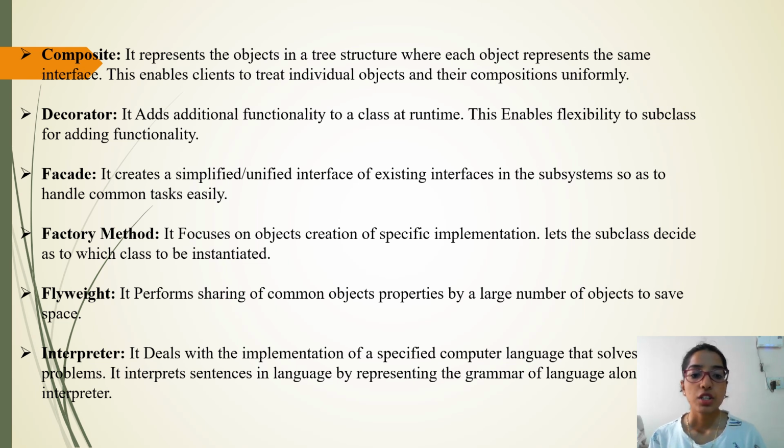It performs sharing of common object properties by a large number of objects to save space. Interpreter. It deals with the implementation of a specified computer language that solves the problems. It interprets sentences in the language by representing the grammar of the language along with the interpreter.